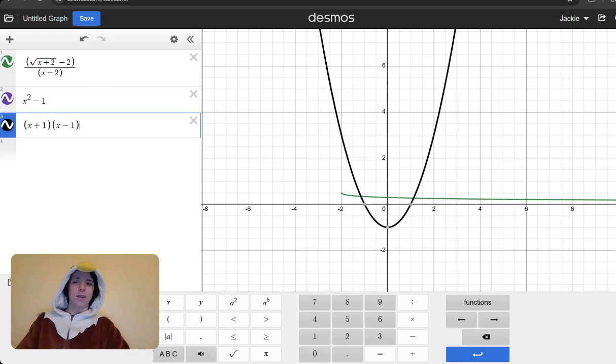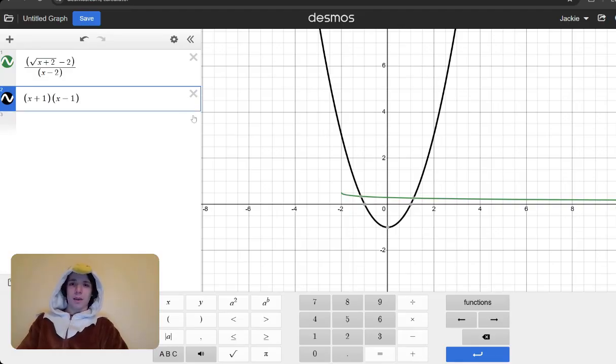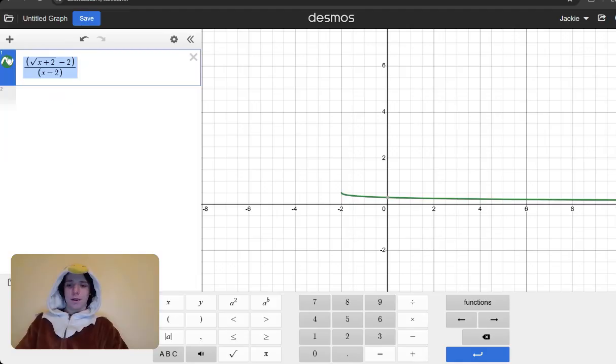That's called the conjugate. If you have x plus 1, multiply that by the conjugate x minus 1, it'll get you that. And you'll notice that it starts with an x and we get an x squared. So maybe we can just cancel out this square root right here.